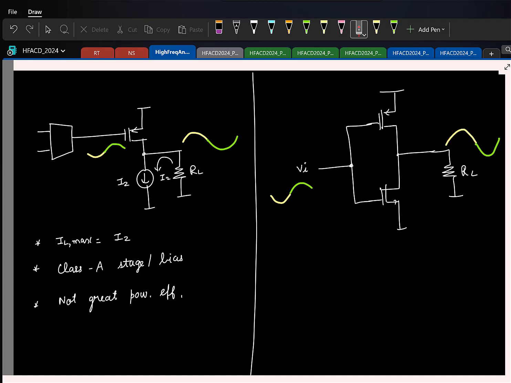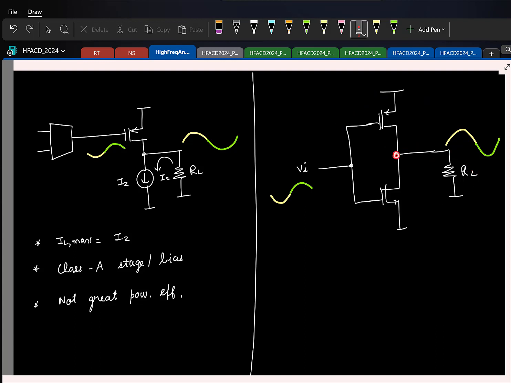Let's not worry about whether the transistor is in saturation or not. Let's just see what is the maximum you can reach at the output. If the output is trying to reach higher and higher, the gate will also drop lower and lower, and finally the NMOS will stop responding. The PMOS will nicely respond. It will source as much current as required by the load resistor.